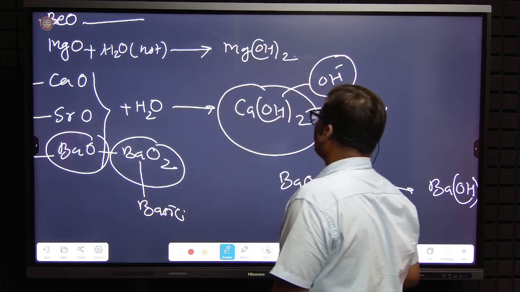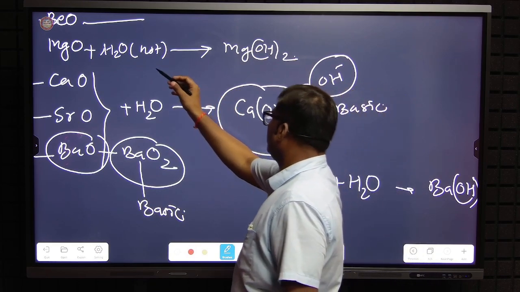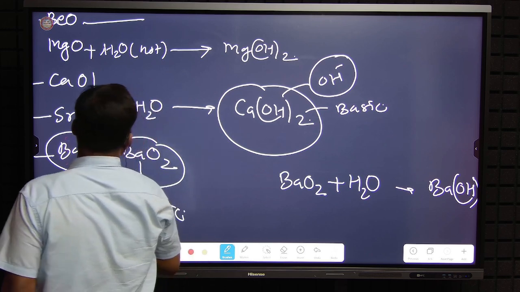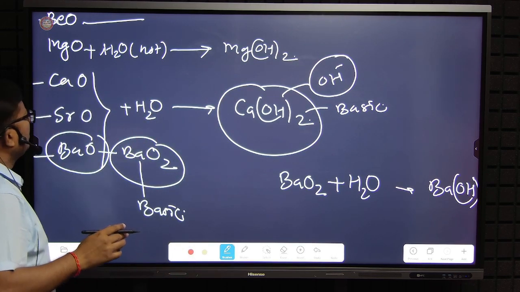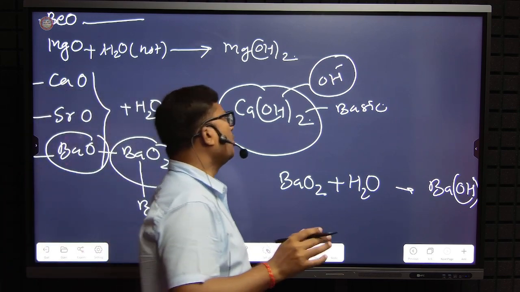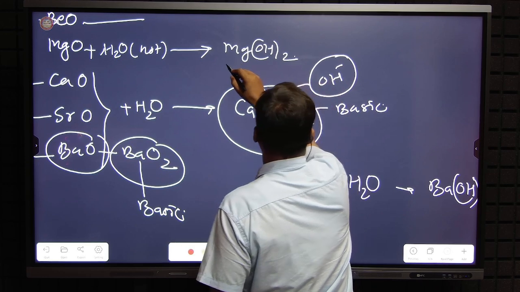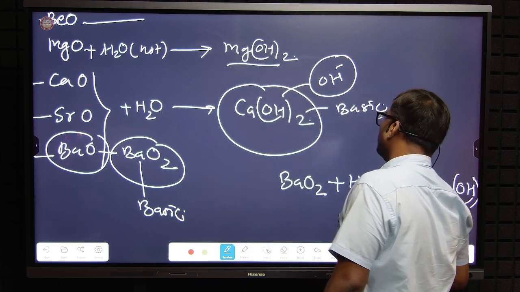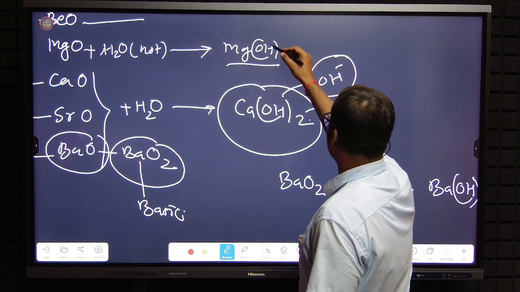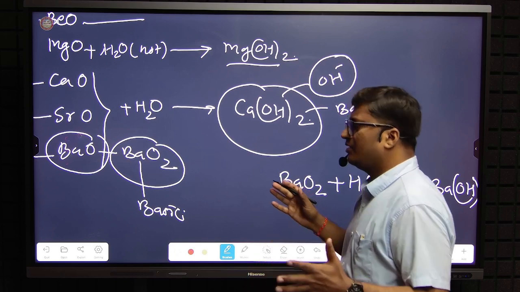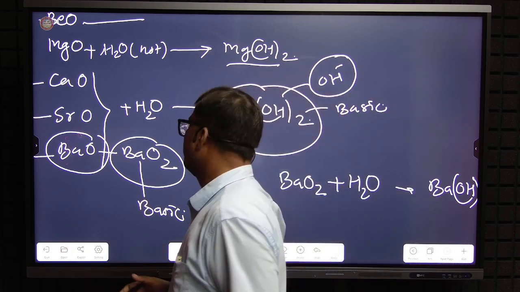These reactions can occur in hot water. Magnesium hydroxide possesses some ionic as well as covalent characters.